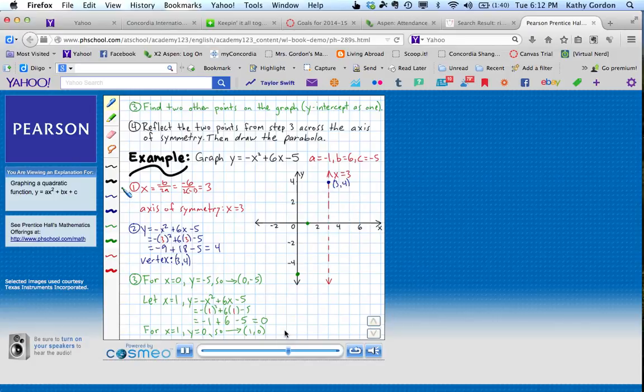To find the other half, we want to reflect these 2 points we just found. So step 4 is to reflect the points 0, negative 5, and 1, 0 across the axis of symmetry.